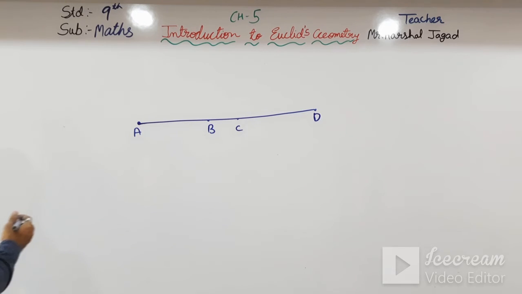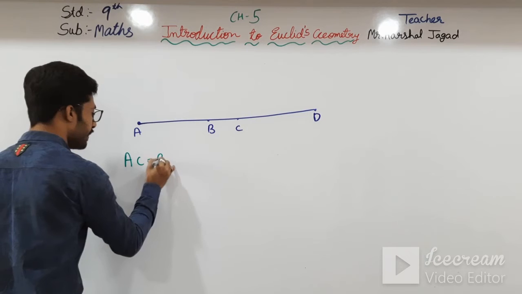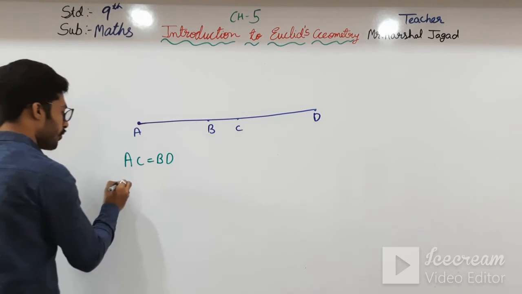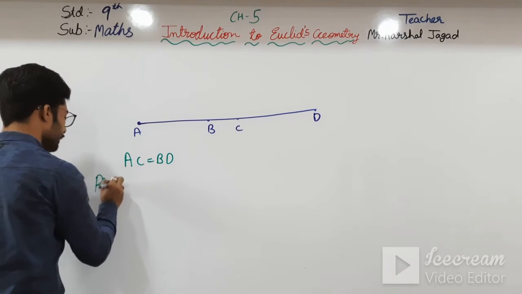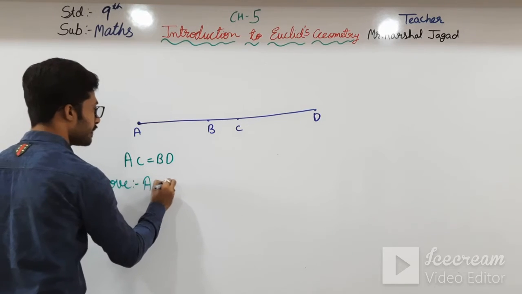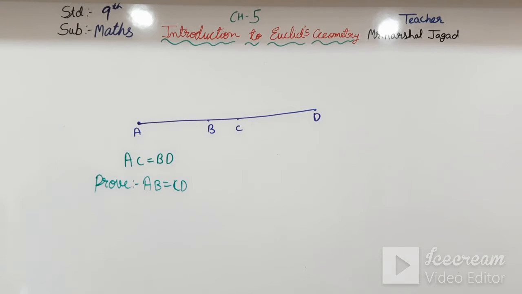AC is equal to BD, and then we have to prove that AB is equal to CD. Yes, that we have to prove.